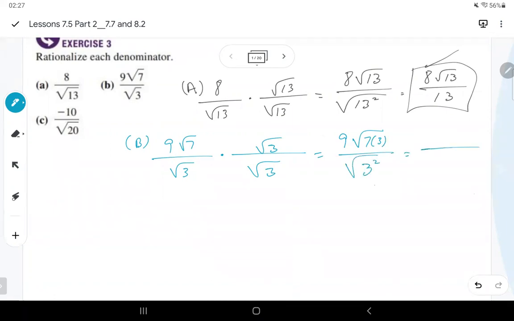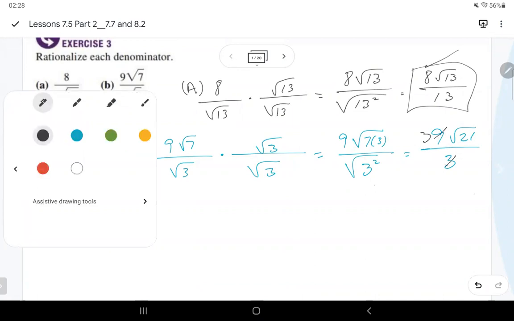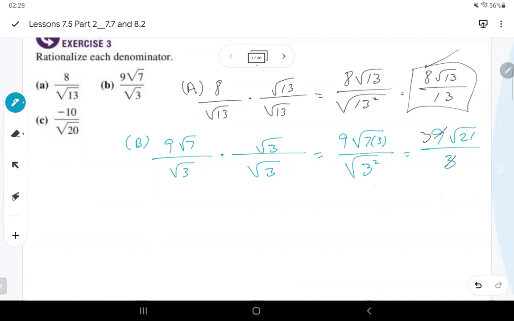Now, some of you would probably try to reduce this here. You can't because of the square root. You can, though, when you do the square root portion correctly. So then this reduces to 3. So you end up with 3 square root of 21 as your answer.